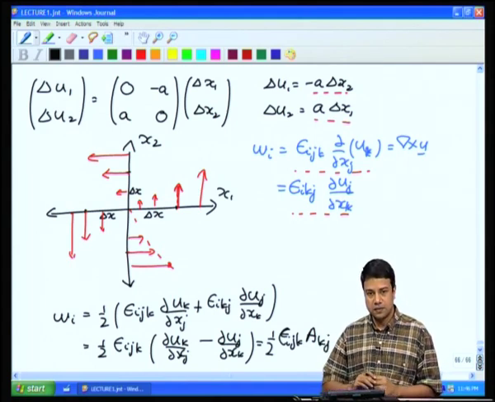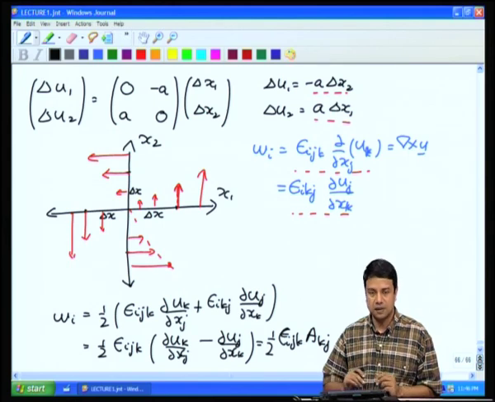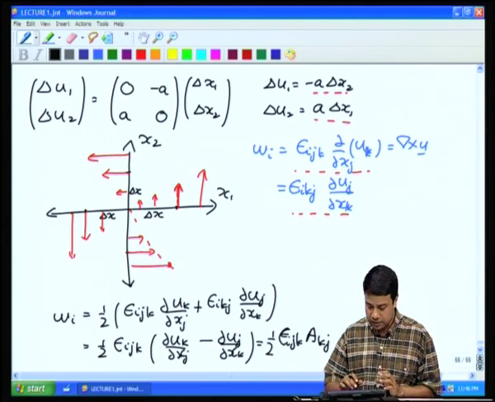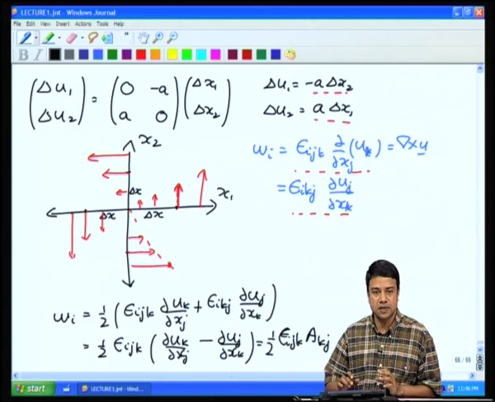So, the vorticity can be related directly to the antisymmetric part of the rate of deformation tensor. Vorticity does not depend on any other part. It does not depend upon the isotropic part, because with the isotropic part it will be 0. For a symmetric tensor, if I take the tensor minus its transpose, I will get 0.